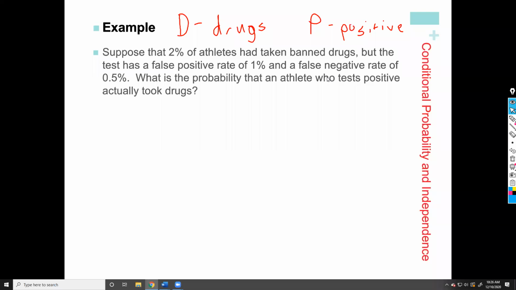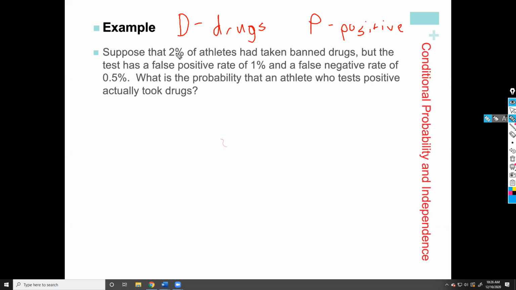All right, this is a pretty common question as well, where we're looking at false positive and false negative rates. And so we want to think about what probability we're finding first of all. What is the probability that an athlete who tests positive actually took drugs?